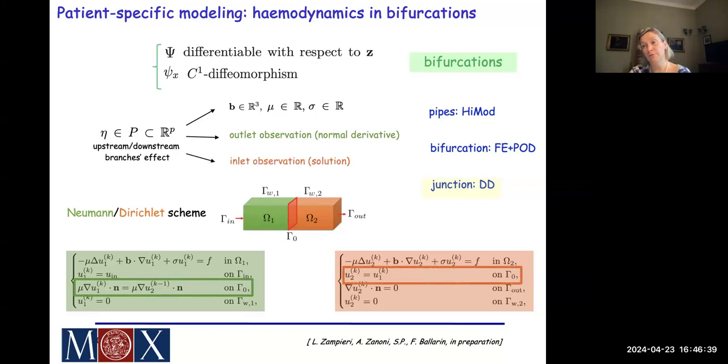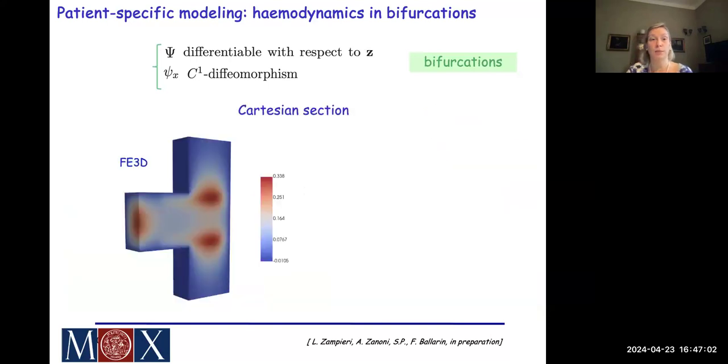And finally, we have included the inlet observation that replaces the presence of the upstream branch. And this, thanks to the Neumann-Dirichlet condition, means to add the value that the solution takes in correspondence of the nodes of the inlet boundary for the second domain.